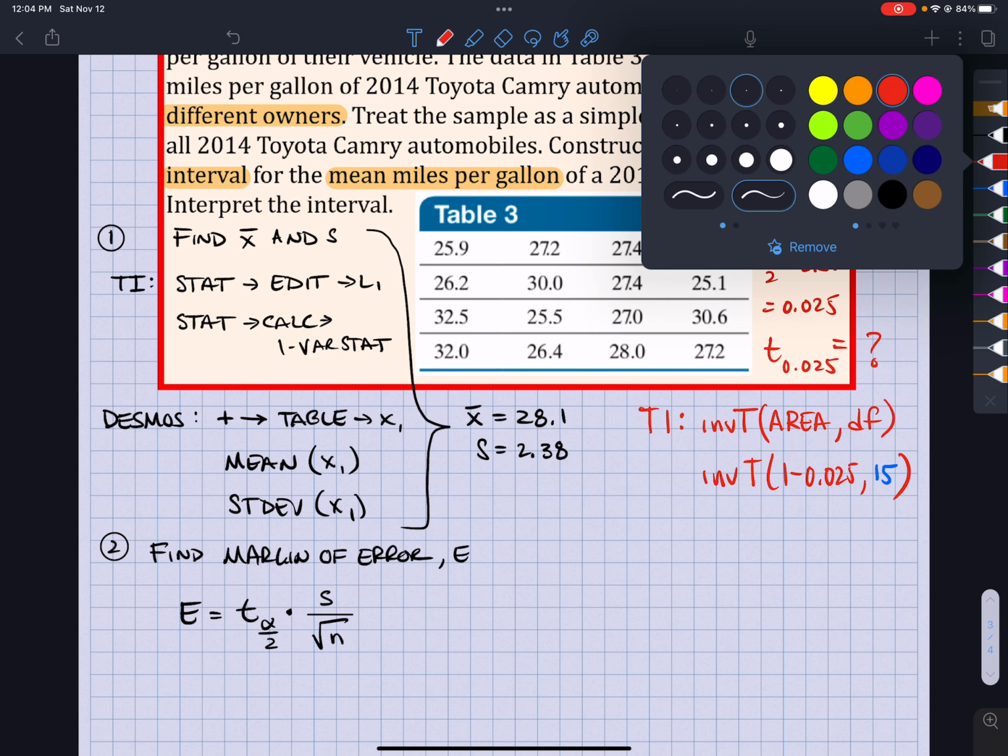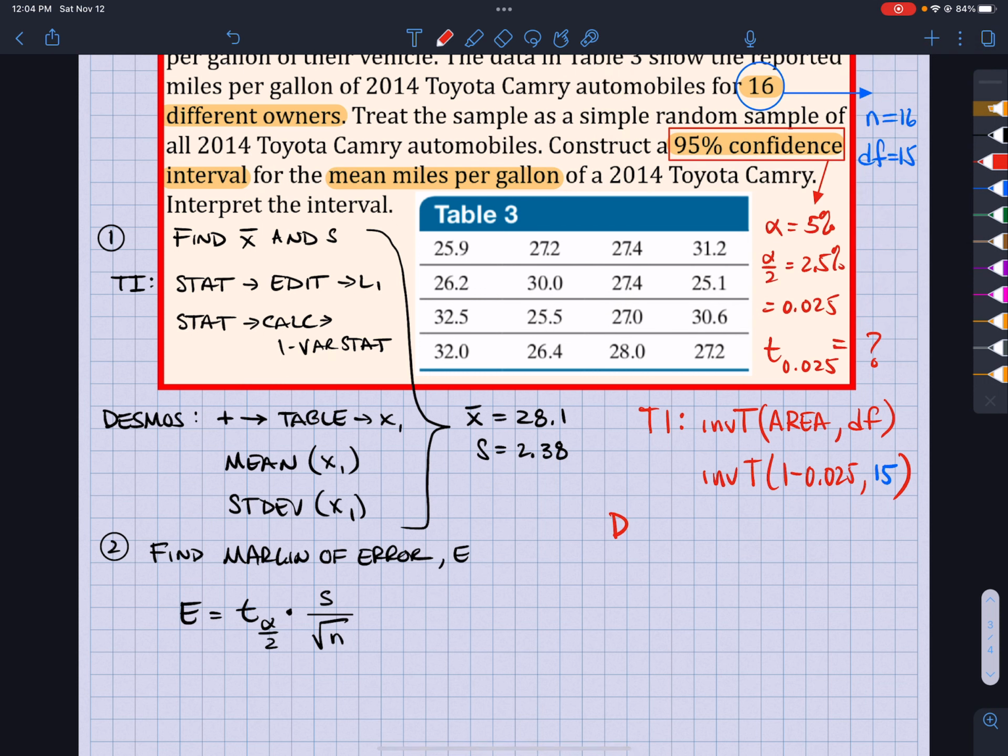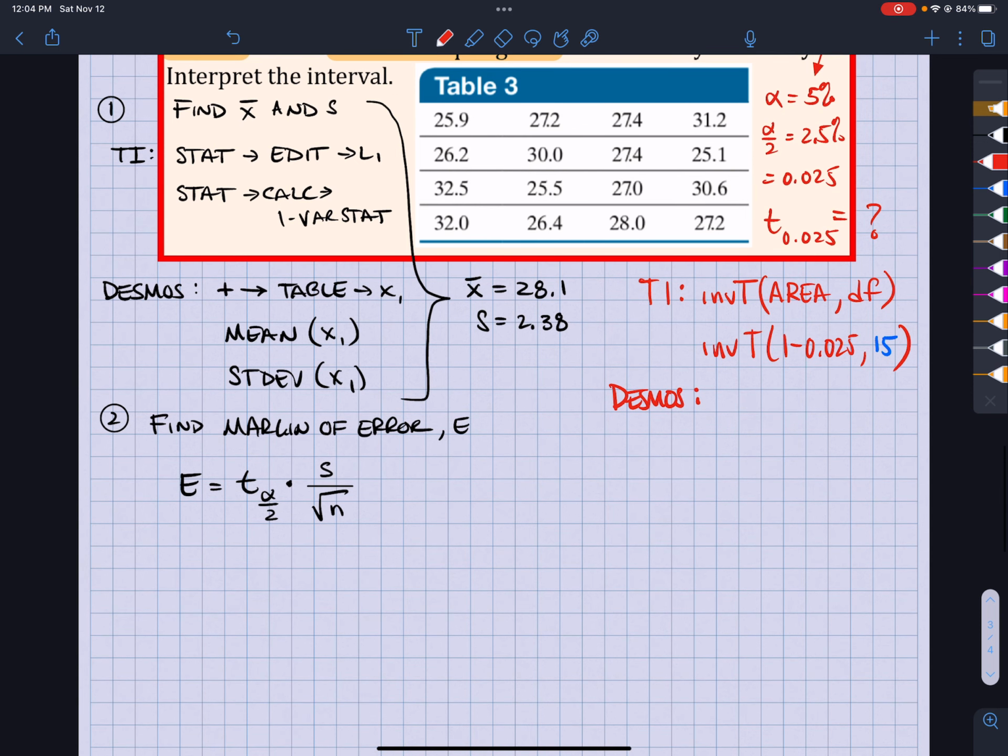Now, of course, your question is, how about Desmos? Okay, Desmos is going to be a little bit longer, right? So that one's going to have to be the inverse CDF of the t distribution, and in that is going to be your degrees of freedom, comma, your area.